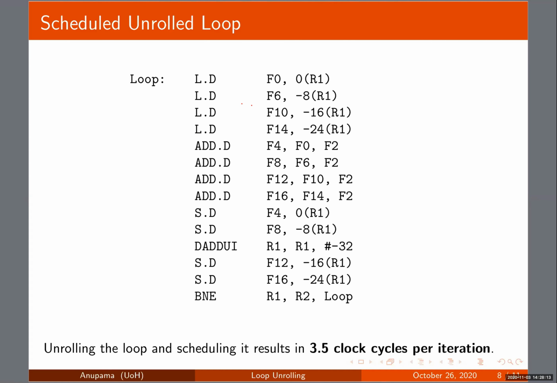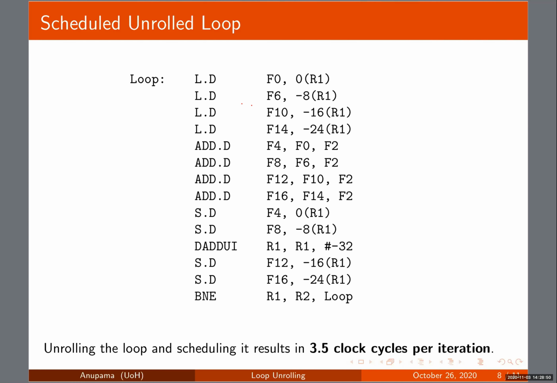So if you have 4 adds, by the time the store comes, your add has finished and written the result into the register, so the store can take it and put it into memory. No stall is involved. And because there is a stall between DADDUI and BNE, you move DADDUI a little before. So you do 2 stores, have the DADDUI, and then you have the next 2 stores. Now doing this will bring down the number of cycles needed per iteration to 3.5.